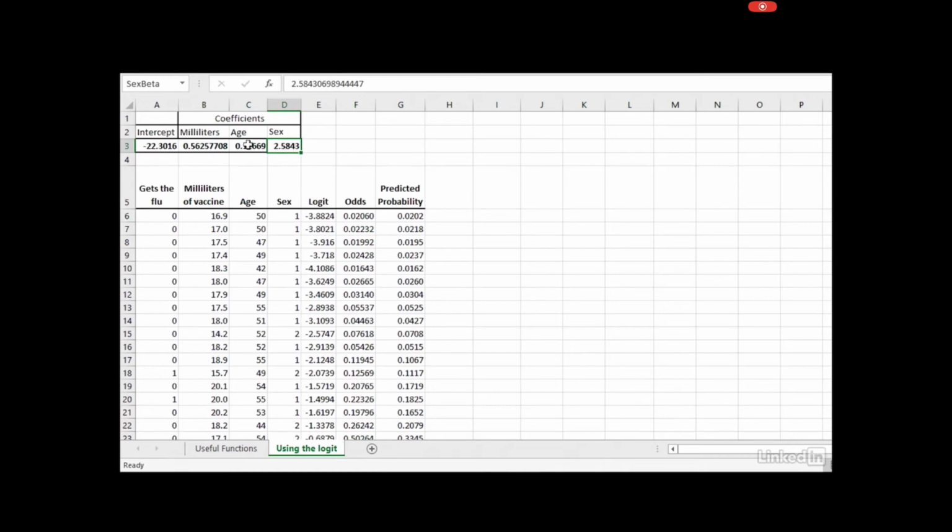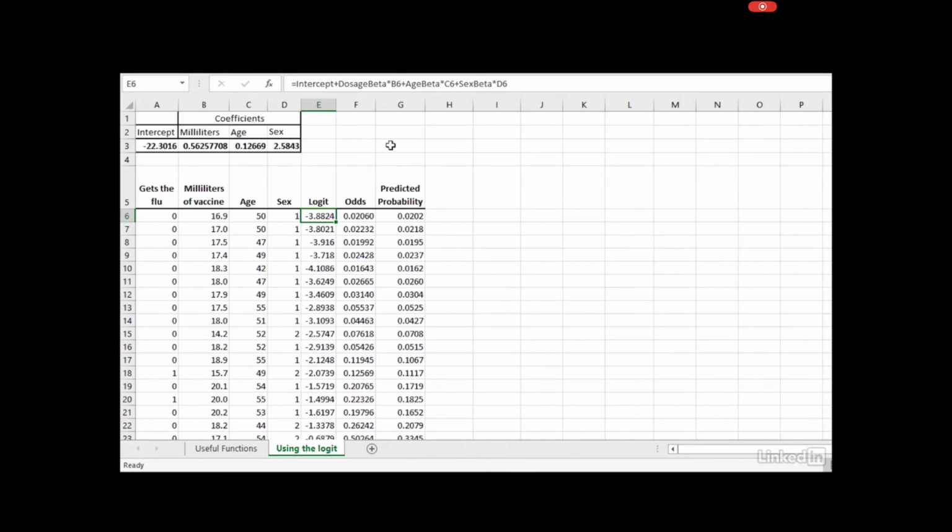For those three independent variables, milliliters of vaccine, the age of the patient, and the sex of the patient, we have coefficients, just like we do in a standard multiple regression analysis. We also have an intercept, and just like in a standard multiple regression analysis, we add the intercept to the product of the milliliter coefficient times the number of milliliters, plus the age coefficient times the age, plus the sex coefficient times the sex. And we wind up with what's called the logit.